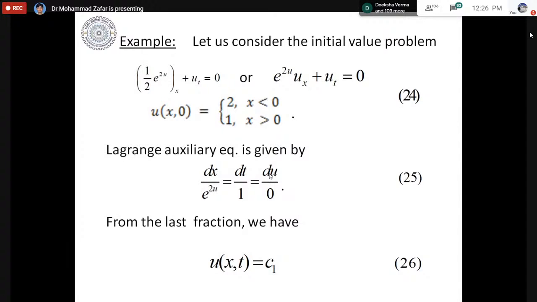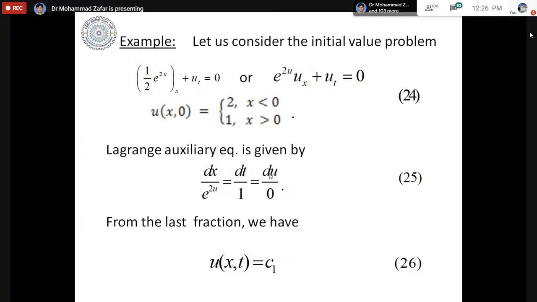So here, comparing with the flux function, f'(u) is e^{2u}. Also it is given that the initial value of u at time t = 0 is 2 when x is less than 0, and it is 1 when x is greater than 0.